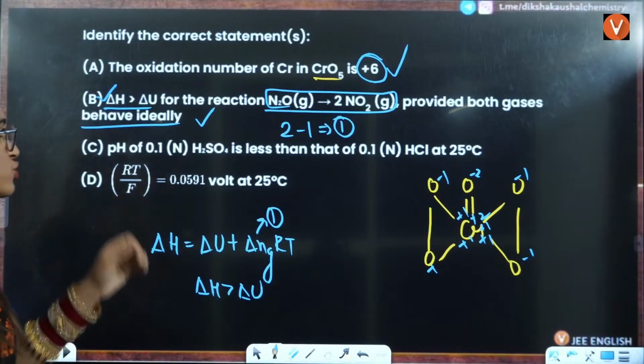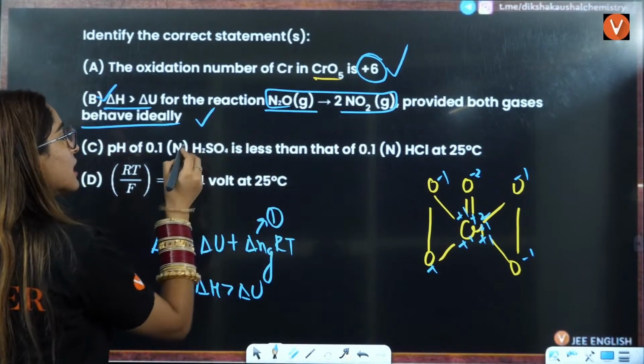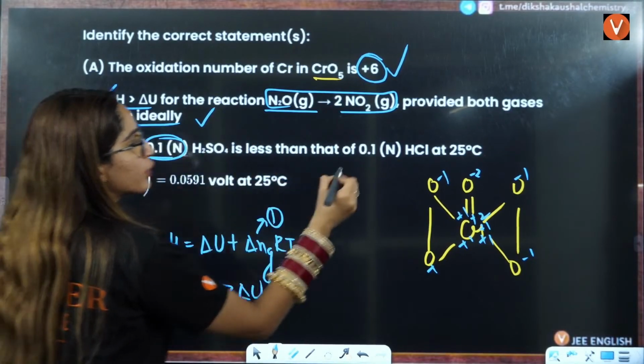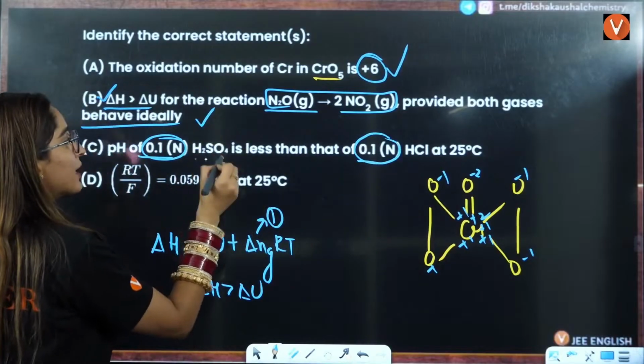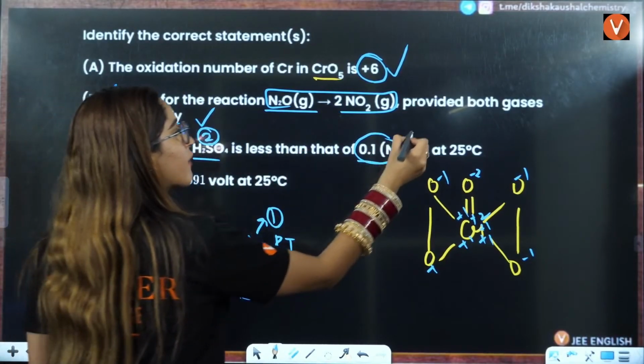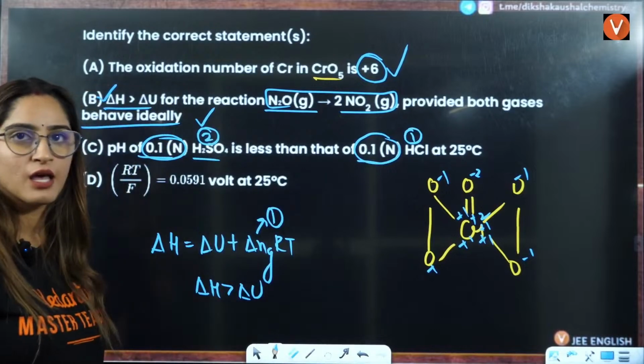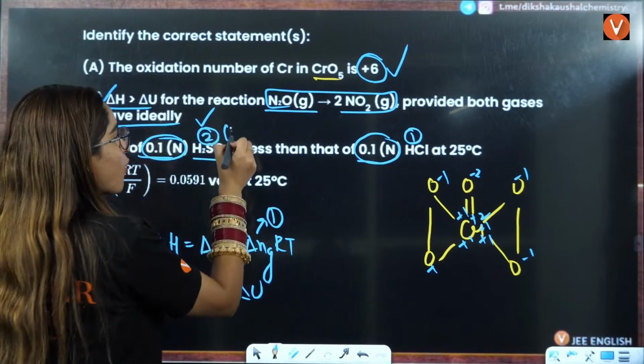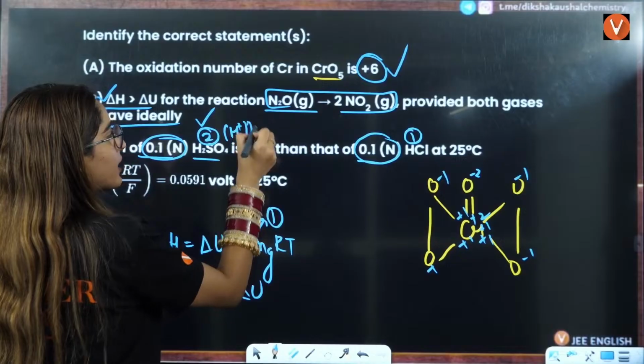pH of H2. Here the simple thing is, normality is given to you, normality is the same. But here the n factor is 2, here the n factor is 1. According to that, the H positive concentration of this will be high.